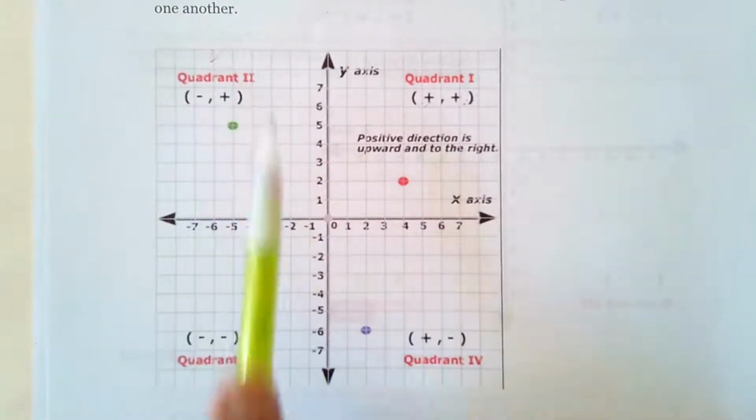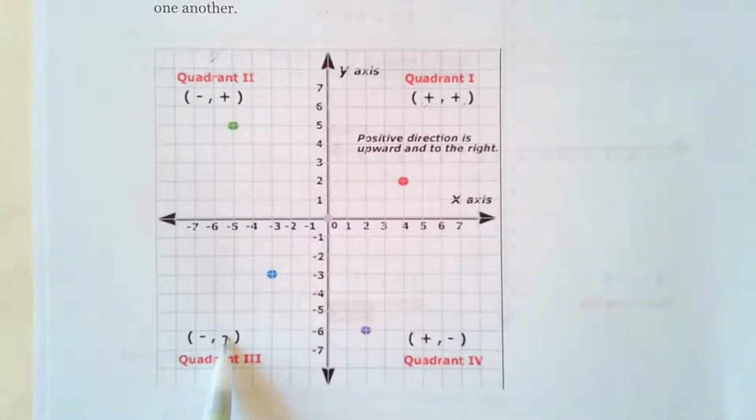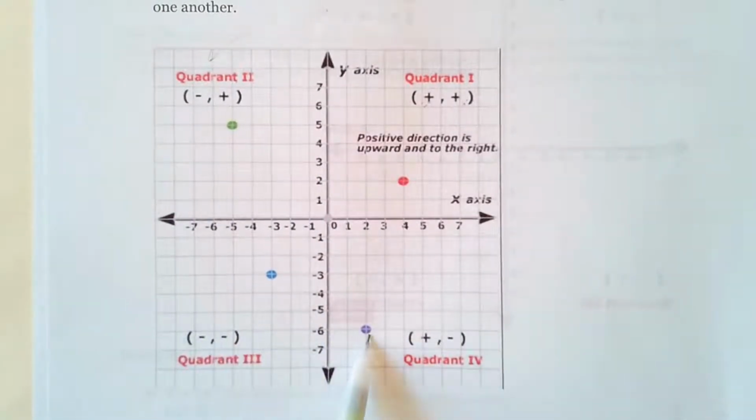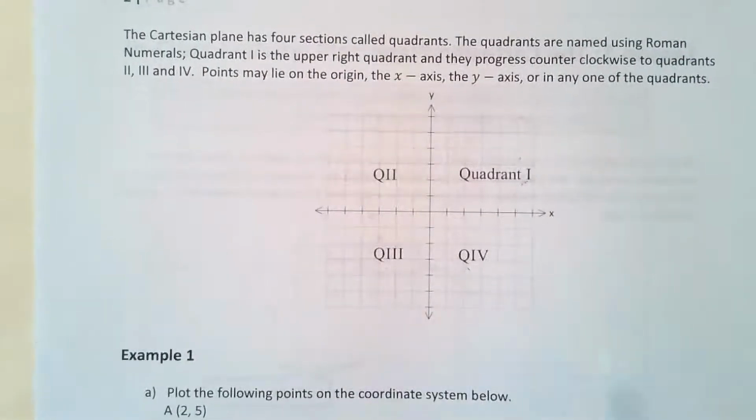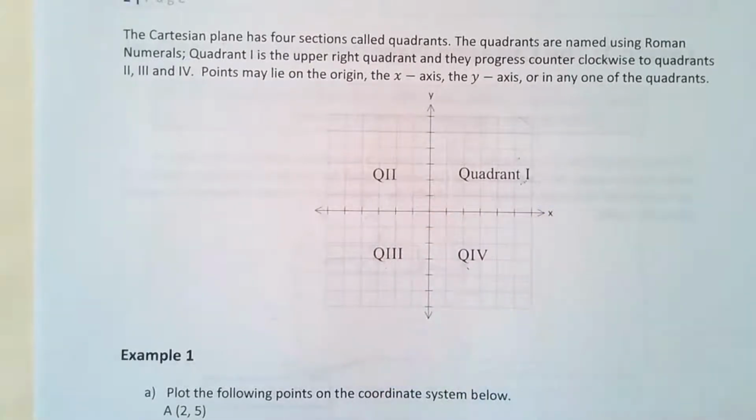Quadrant 2, then you go quadrant 3, and quadrant 4. So quadrant 1, 2, 3, 4.